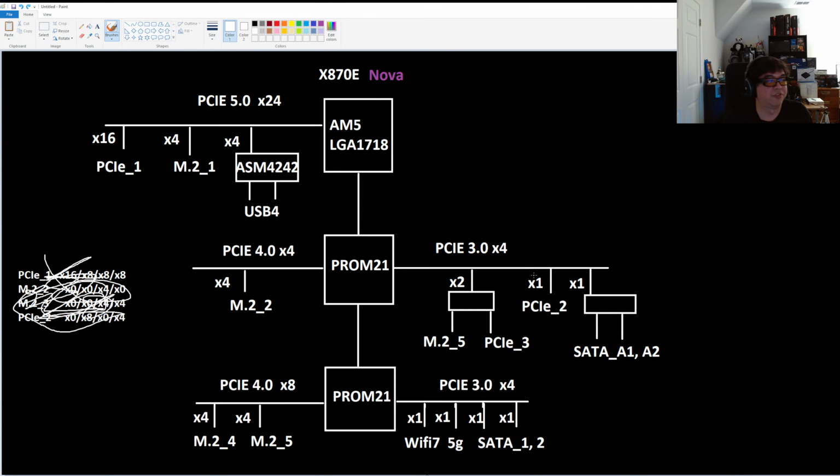Otherwise, if you really want multiple GPU, you're probably going to want to look at a Taichi or something that has an X8 slot, for example, which is the Taichi. We just looked at it.